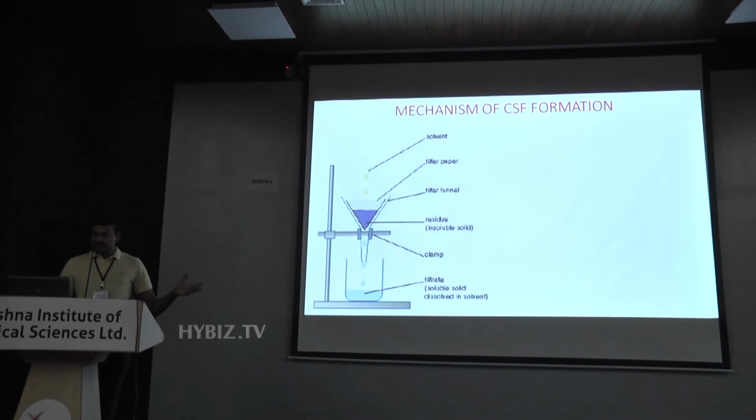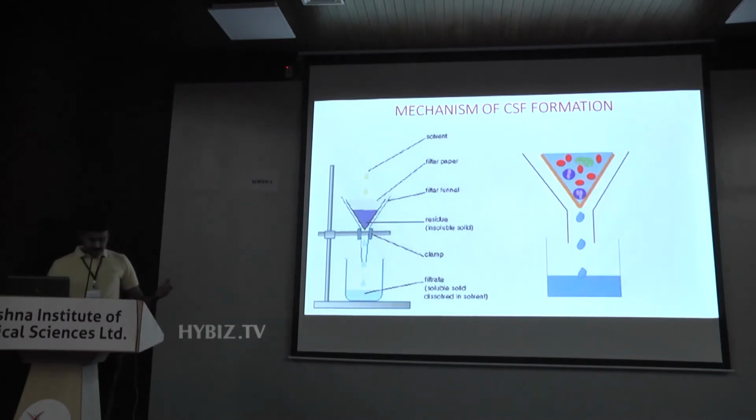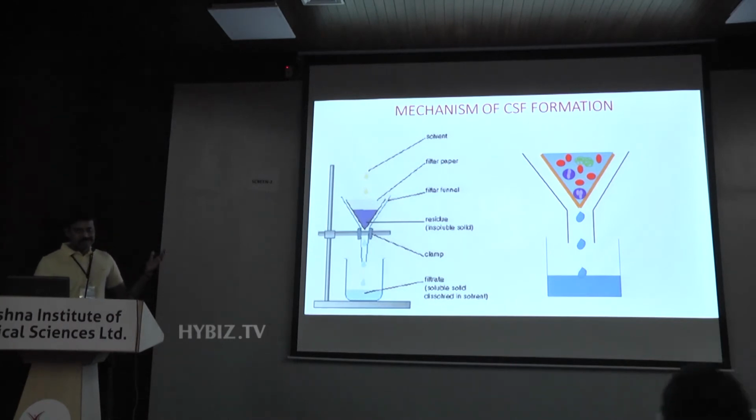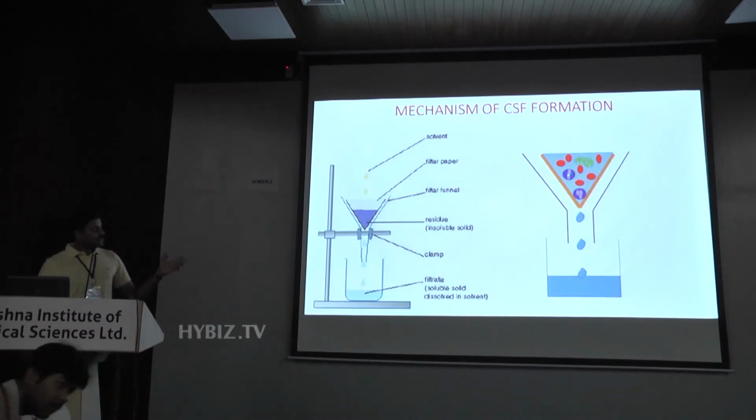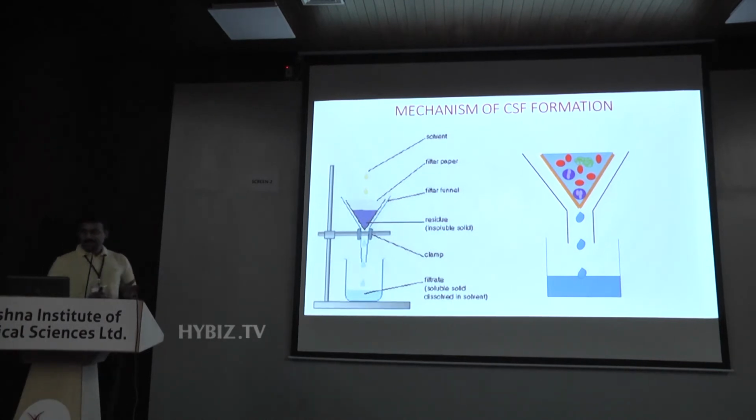One of the mechanisms of CSF formation is exactly this. Let's assume blood is circulating through the choroid plexus: the blue color is the blood, the red ones are the RBCs, the violet ones are the WBCs, and these are the platelets. The choroid plexus has ependymal cells and blood vessels lined by endothelial cells.